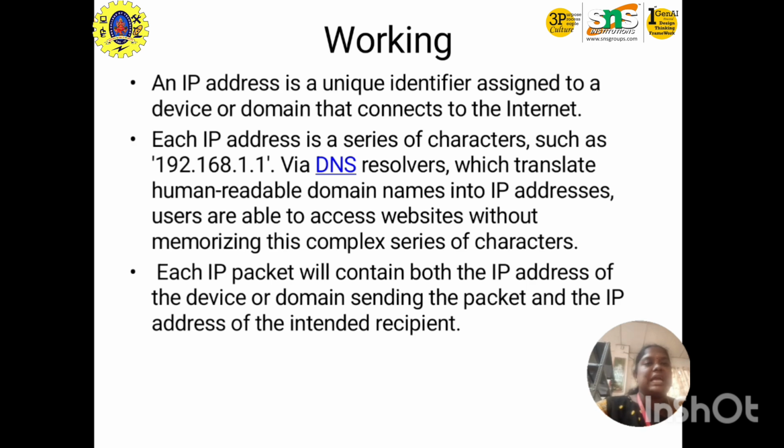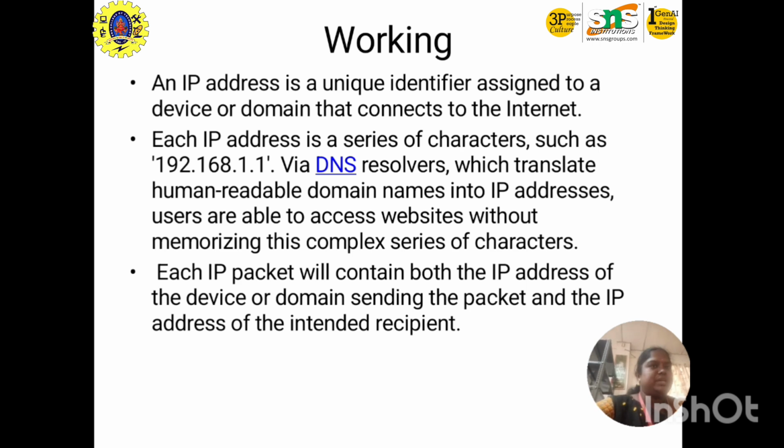Working: an IP address is a unique identifier assigned to a device or domain that connects to the internet. Each IP address is a series of characters such as 192.168.1.1. Via a DNS resolver, human readable domain names are translated into IP addresses. Users are able to access websites without memorizing this complex series of characters.